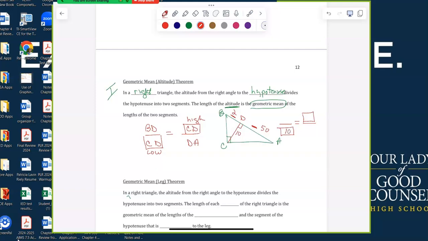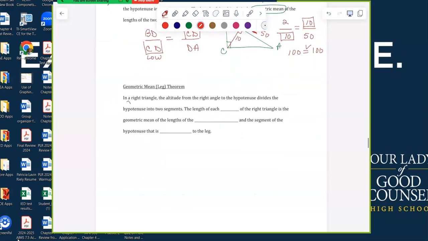So put that twice, then put the other two numbers. Do your cross products. 10 times 10 is 100, and that equals 100. We're going to do more of these things. So the first geometric mean has to do with the altitude.